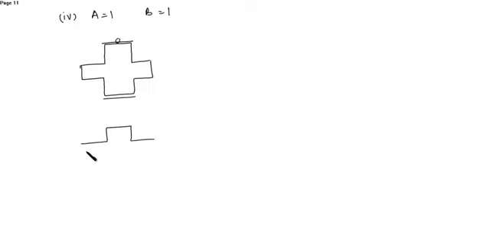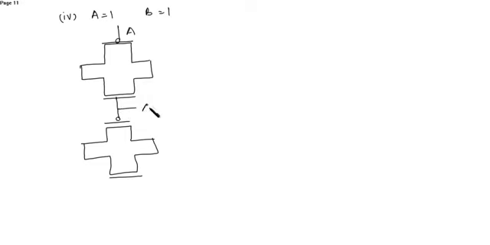Now let's see the fourth condition, that is if both the inputs are 1. So if both the inputs are 1, then this is transmission gate 1. This is the transmission gate 2.